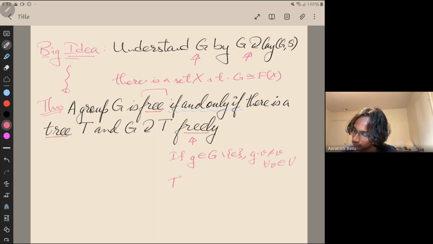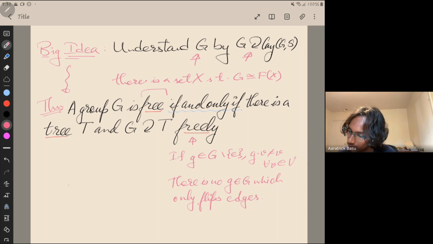there is no group element which only flips edges. So what do I mean here? Let me draw a picture. U, V, and this is an edge, right? Suppose you had a group action that did this. It just flipped V and U on this edge.